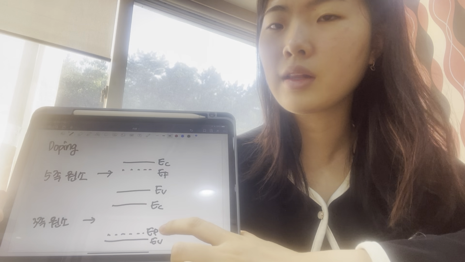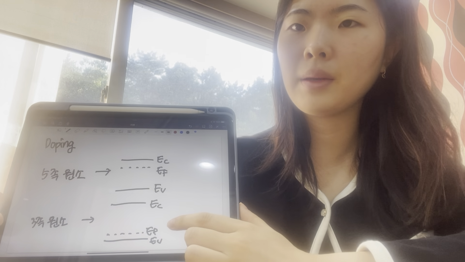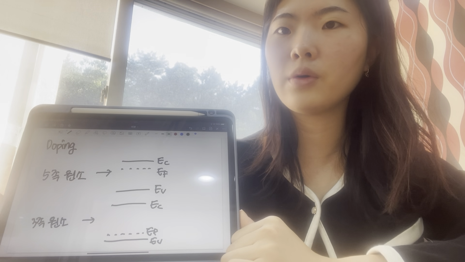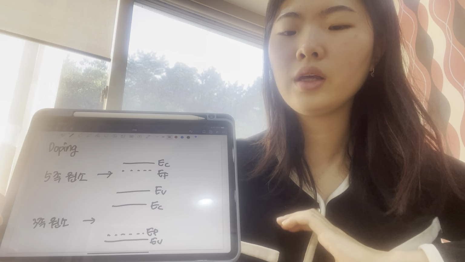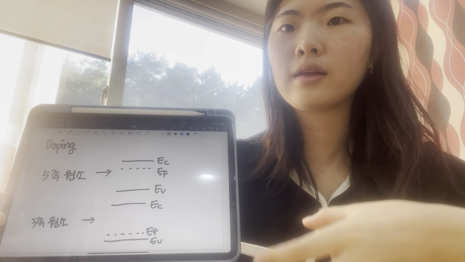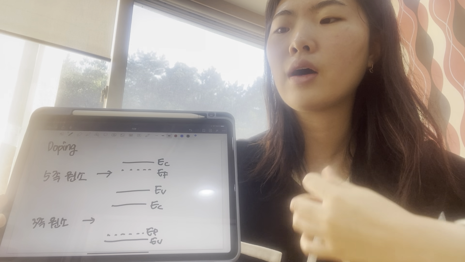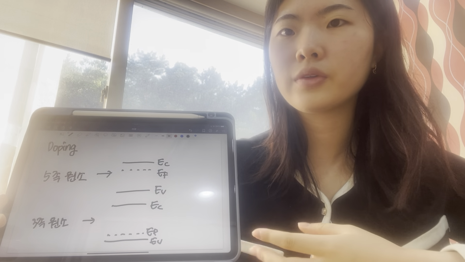So the Fermi level is near the valence band, and this is the p-type semiconductor. So if we put some dopant in a semiconductor and change those characteristics, and then we use it for our purpose.